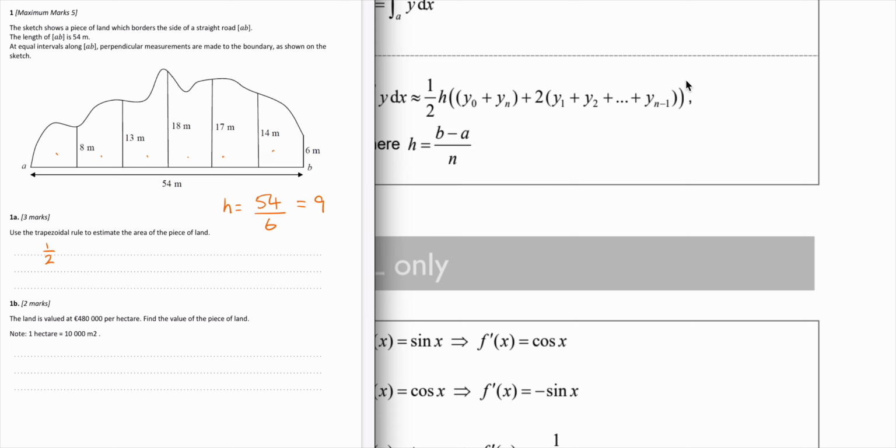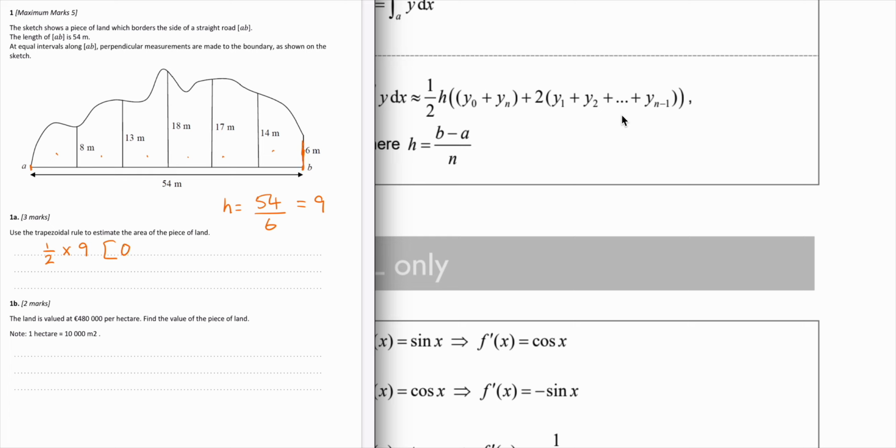And then using the trapezium rule here, we can see that it's a half times 9. And then once we have that, we are going to times that number by, so it's everything times together, the first and the last point, which is a length of 0 and a length of 6.